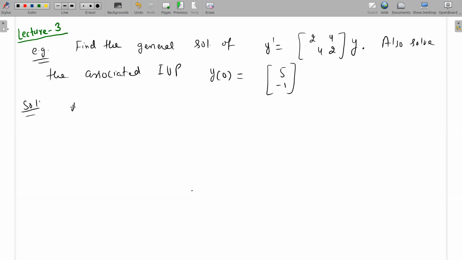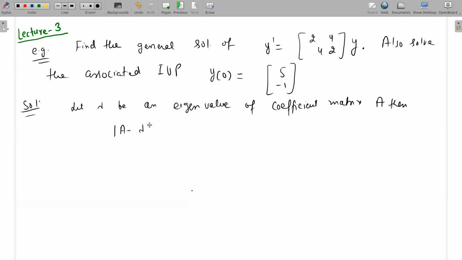So let lambda be an eigenvalue of coefficient matrix A, then you can find the eigenvalue from the characteristic polynomial. Determinant of A minus lambda I equal to 0.